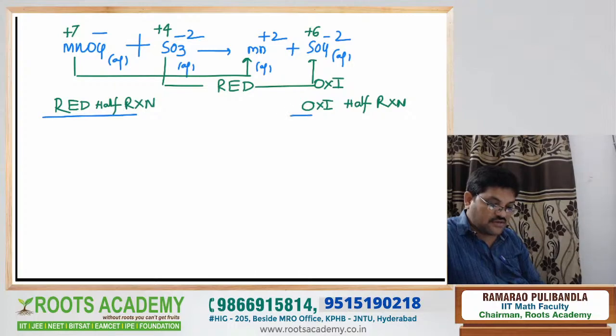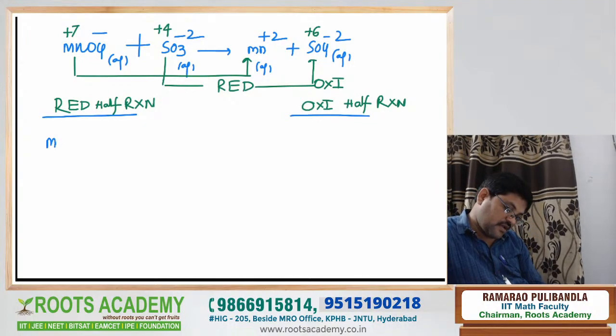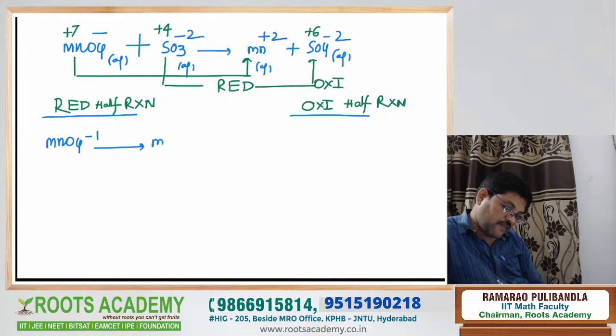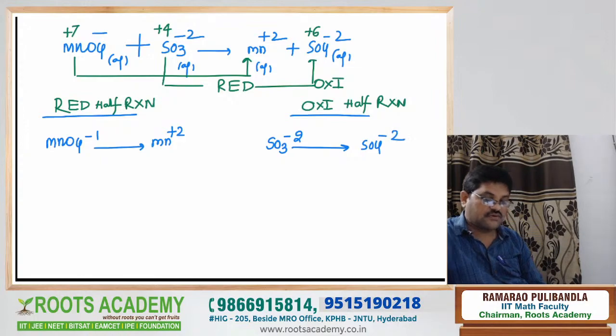With respect to reduction reaction, what to write? MnO4 minus 1 gives rise to what? Mn plus 2. And with respect to the oxidation, SO3 minus 2 gives rise to what? SO4 minus 2. Right.